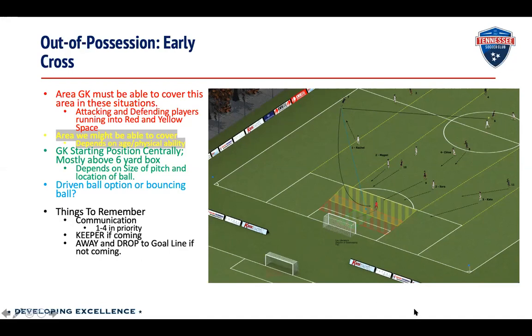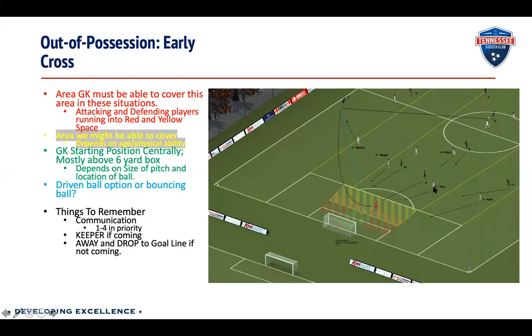So Amanda, you asked on an early cross, how far should the defender go to the other goal? If you're talking about our defender, this is going to depend on how your coach wants your outside backs to play.